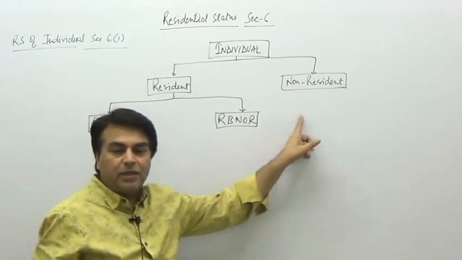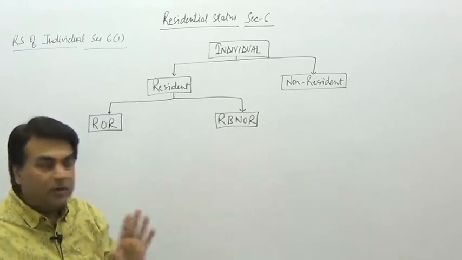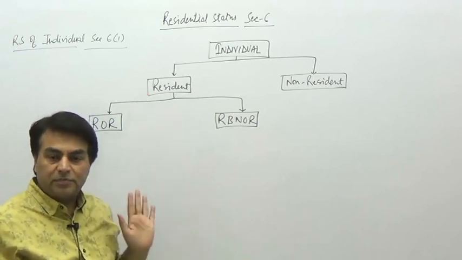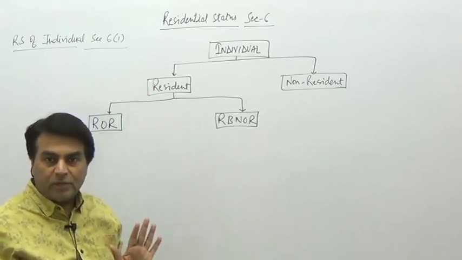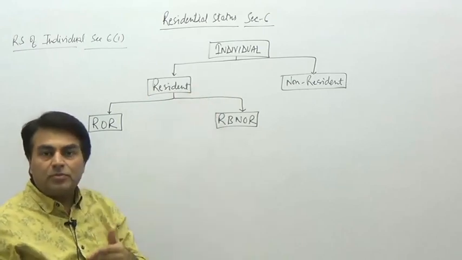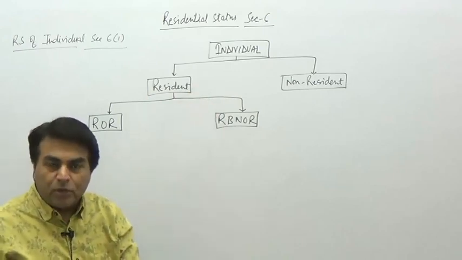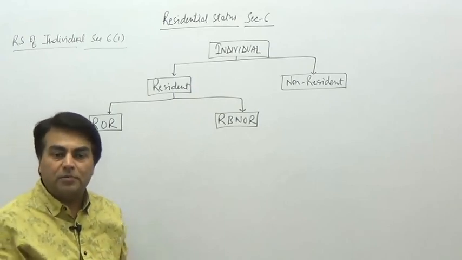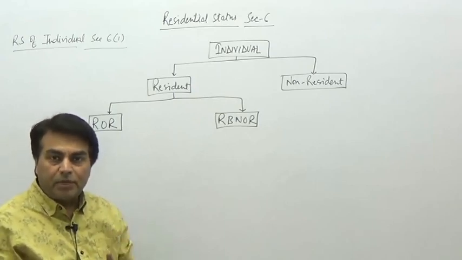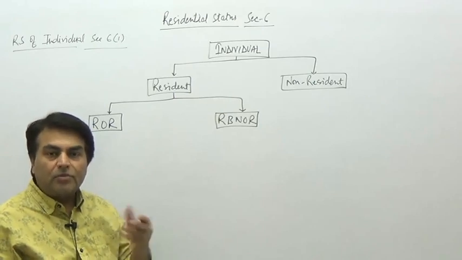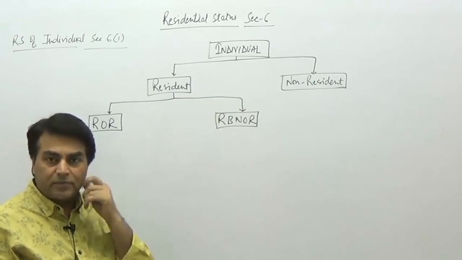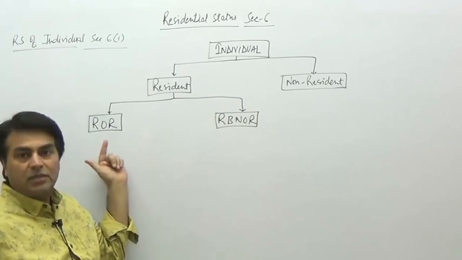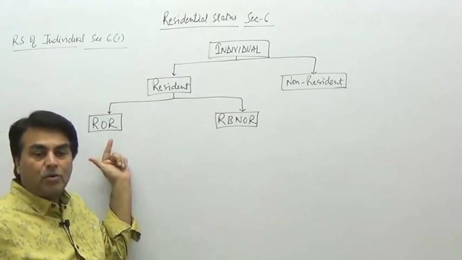These three are the final status of an individual: either he could be a non-resident, or a resident and ordinary resident, or a resident but not ordinary resident. Simply calling an individual resident does not convey anything. Okay, this is a stoppage in between to work out the final status of your SSC, who is an individual. I am repeating this. In case of individual, the final status would be either ROR.